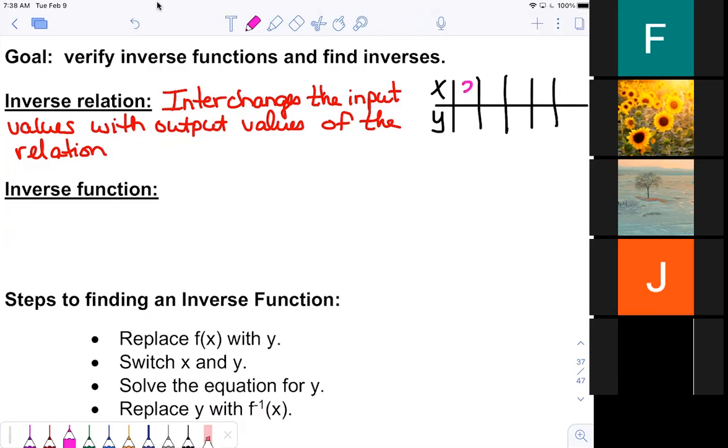So I'm just picking random numbers here. We'll pick 4 numbers. So a relation pairs an X and a Y together or an input and an output together. So this is my original relation.